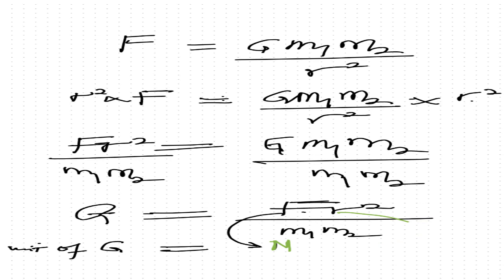So it's meters, but it's squared, so you square it: meters squared. Then the mass is kilogram. What do you end up getting? Newton meter squared, kilogram squared. You see, it's simple. So what will the unit finally be?